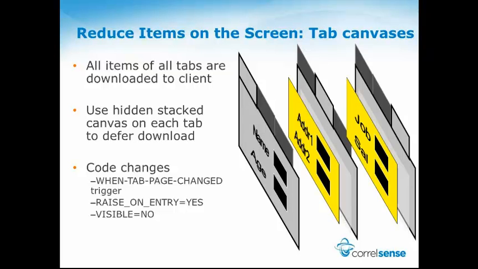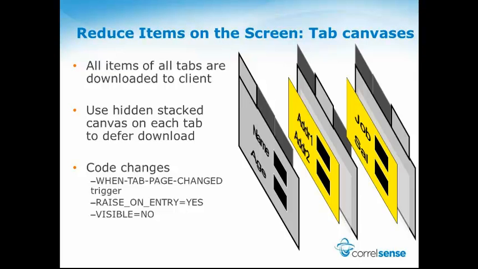Another problematic item in terms of performance are tab canvases. Because what happens is, usually when tab canvases load, if there's 15 tabs, all items on all 15 tabs will load, and then you will only see the first tab. If you have forms with tab canvases that are having performance issues, what you are able to do is to put the items, instead of being directly on a tab, on a stacked canvas that rests on top of the tab.